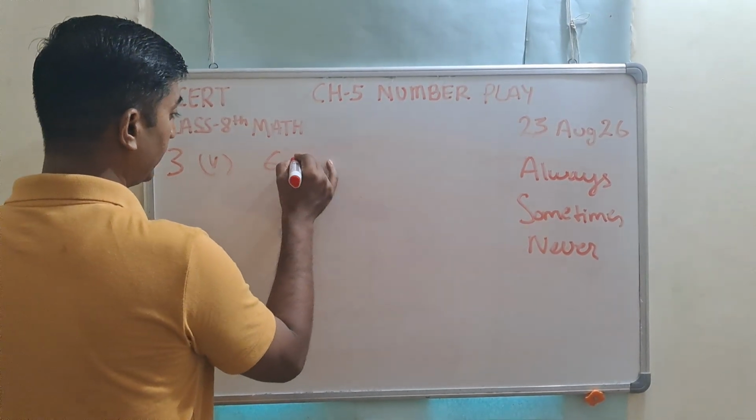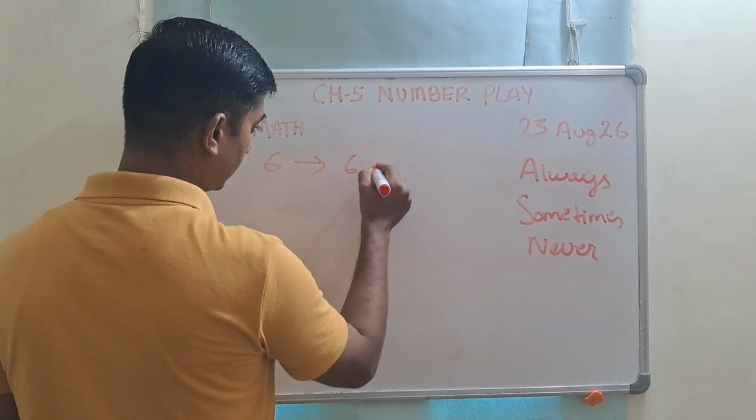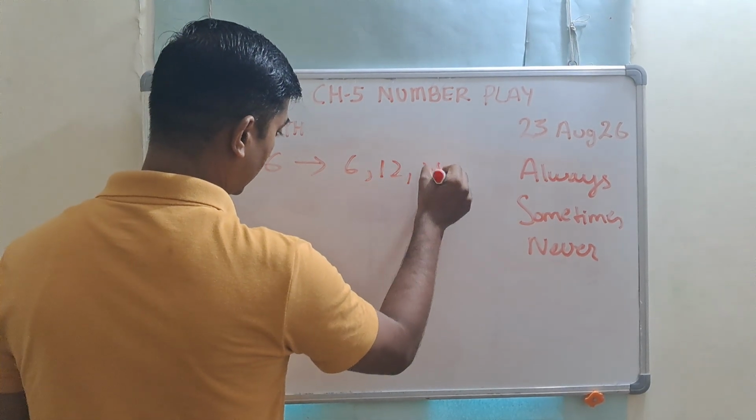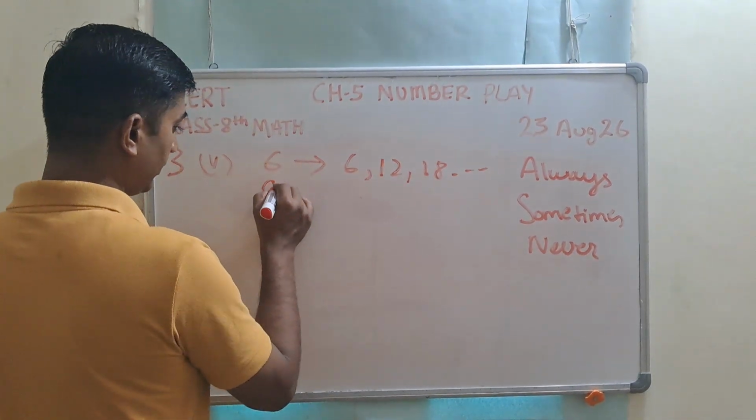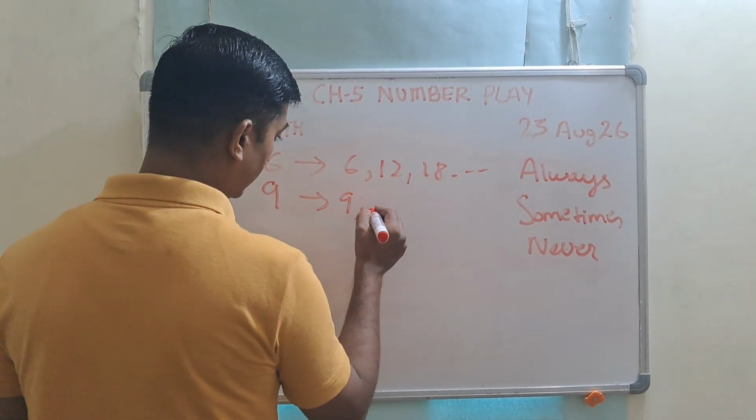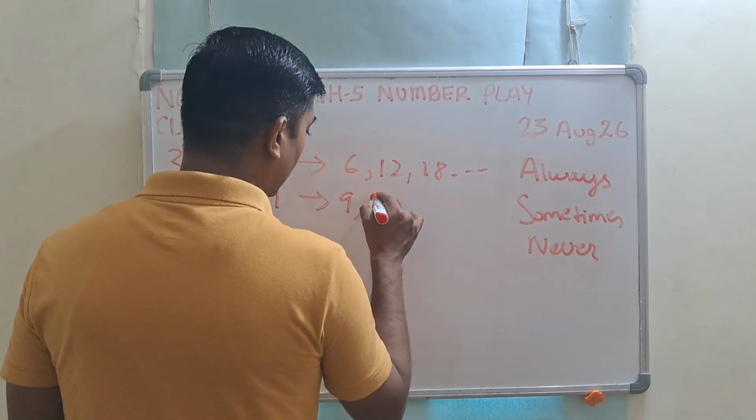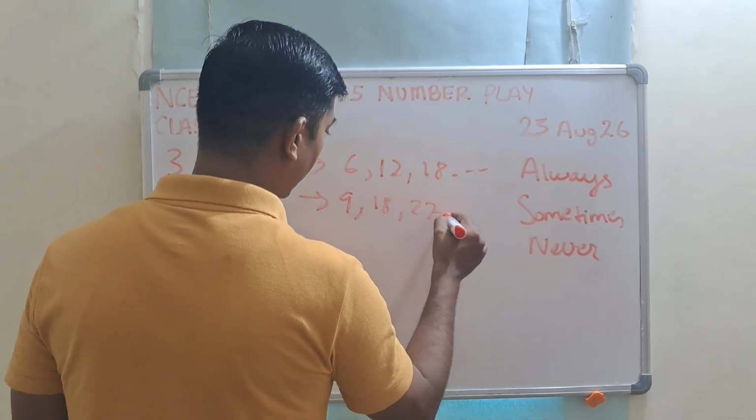Multiples of 6 are 6, 12, 18 and so on, and multiples of 9 are 9, 18 and 27 and so on.